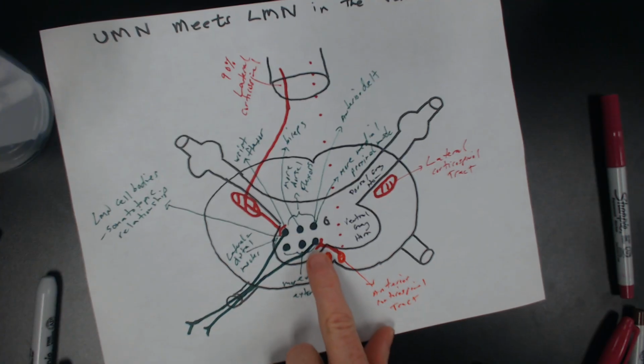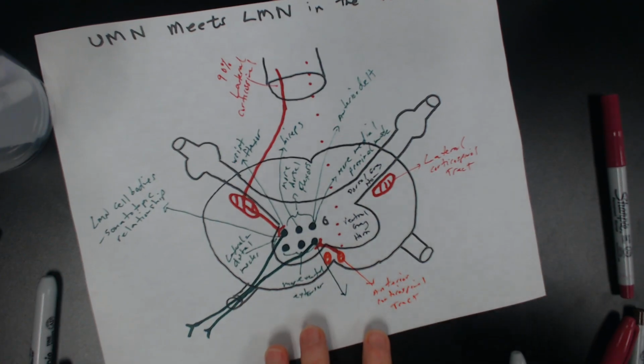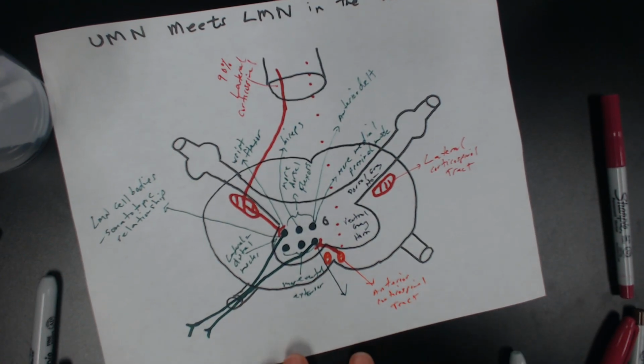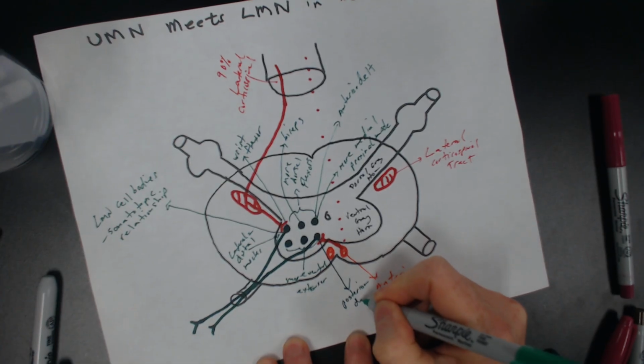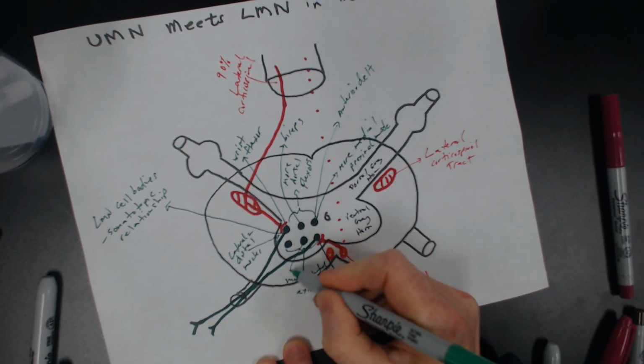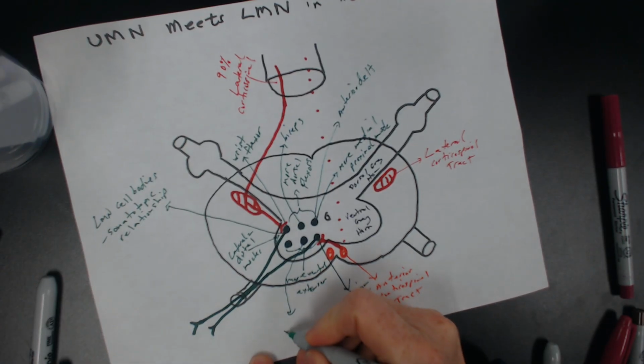Okay. Now, on the bottom, we have the same thing. We can say shoulder extensor. We can say posterior delt. And then the one in the middle, if we had to say elbow extensor, it's going to be triceps.